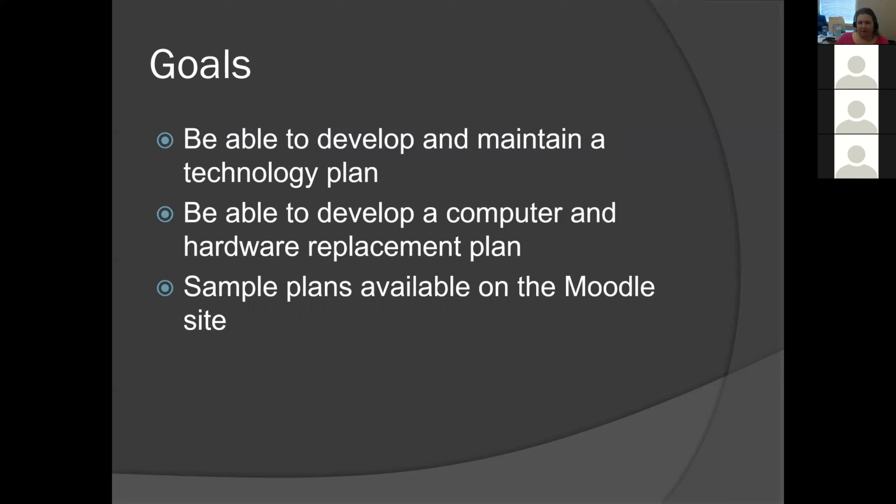And having one on file with your system is an excellent idea. It's actually a requirement here at Neckles. So you have to have one. Part of that is computer and hardware replacement plans, and I do have sample plans available on the Moodle site where it goes into a great deal more detail and gives you a place to start.